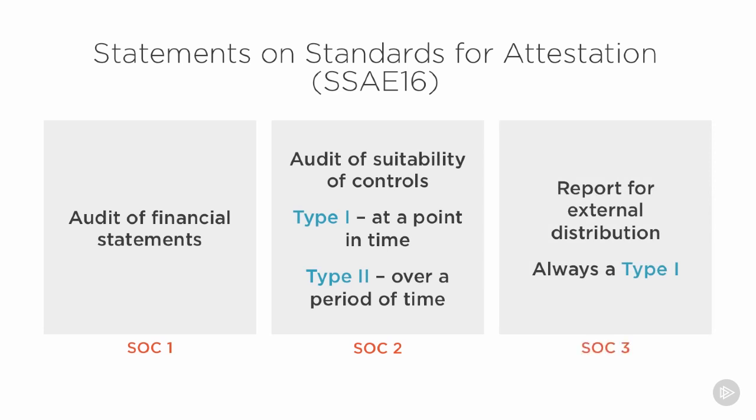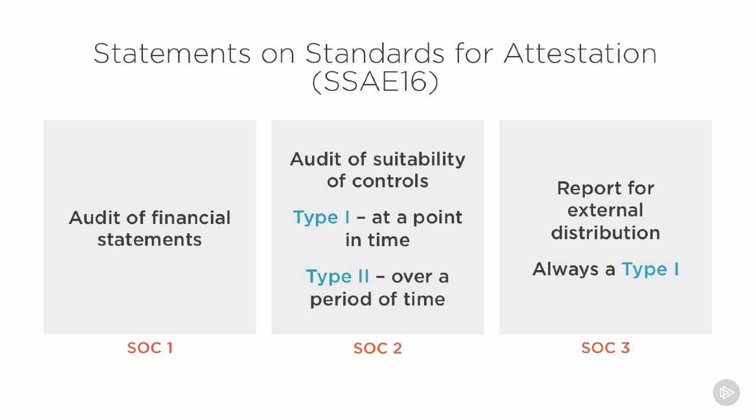The SOC 3 report is the one that is usually used for external distribution. So if I have a relationship with a cloud provider, that cloud provider will normally provide me then with a SOC 3 report. That is a little bit more of a summary report. It does not go into the detail of a SOC 2. Now, we do find in some cases that a third-party provider will actually give us a SOC 2 report.